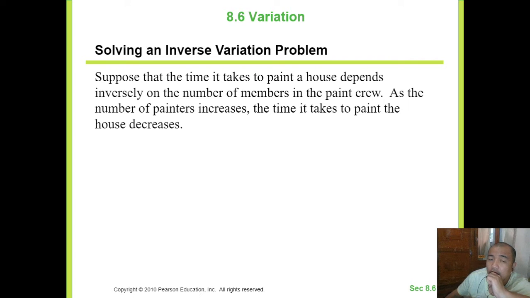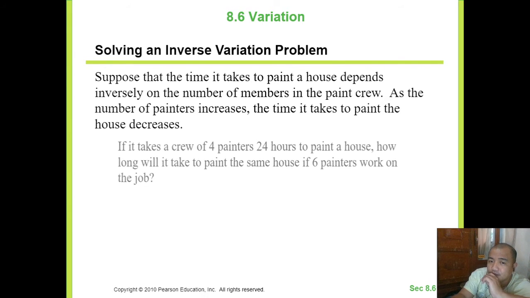Because if there are many members in the paint crew, then this will affect the time it takes to paint the house. So it will decrease. Since many of them are painting, the time it takes to paint the house decreases. So as x increases, y decreases. So this is an inverse variation problem.